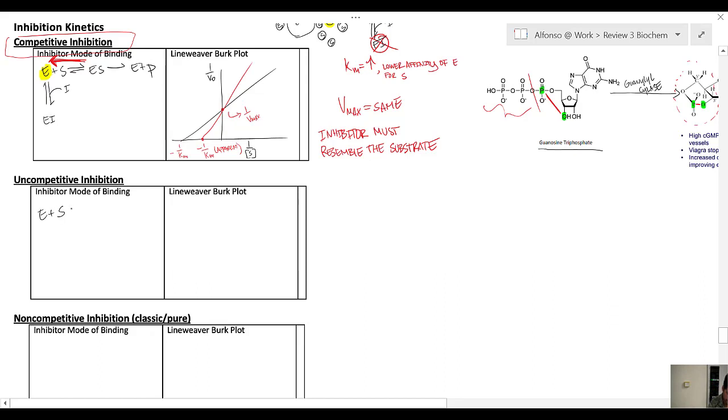Okay, uncompetitive inhibition. The mode of binding is as follows. For the regular reaction, you have enzyme plus substrate forming enzyme-substrate complex, and then this forming enzyme plus product. Uncompetitive inhibition, the inhibitor only binds to the enzyme-substrate complex. So that's the inhibitor, and it binds to the enzyme-substrate complex, forming the enzyme-substrate inhibitor complex. And as the inhibitor is binding to the ES complex, what is happening to the concentration of that?